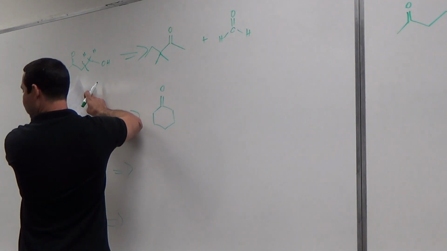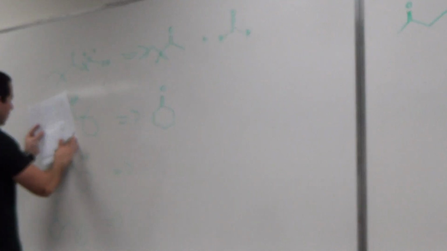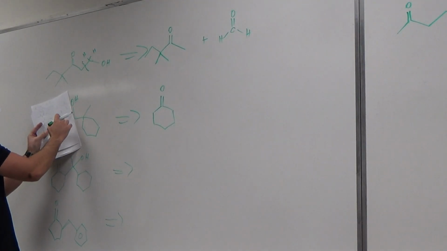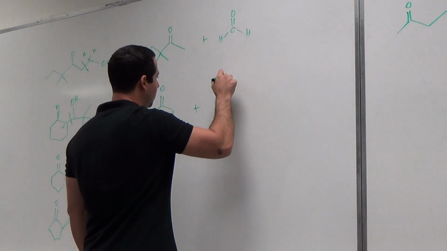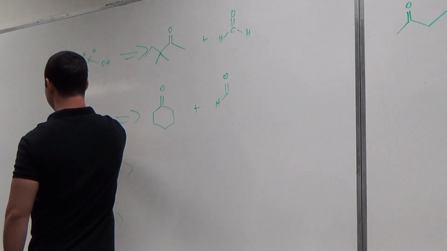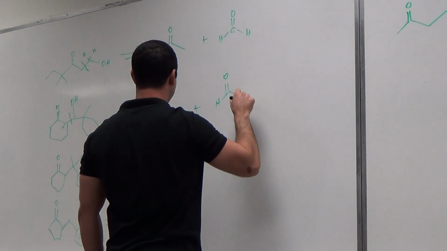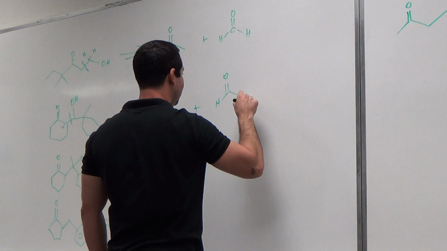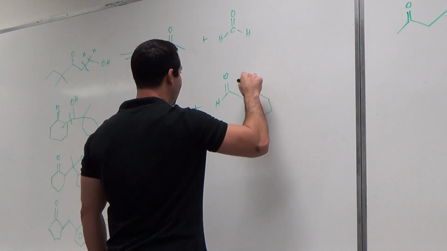No. It's just that. On this side, I'm going to make a double bond to that oxygen. What does this have? A hydrogen. And that has this thing here with a cyclohexane and a methyl group there.